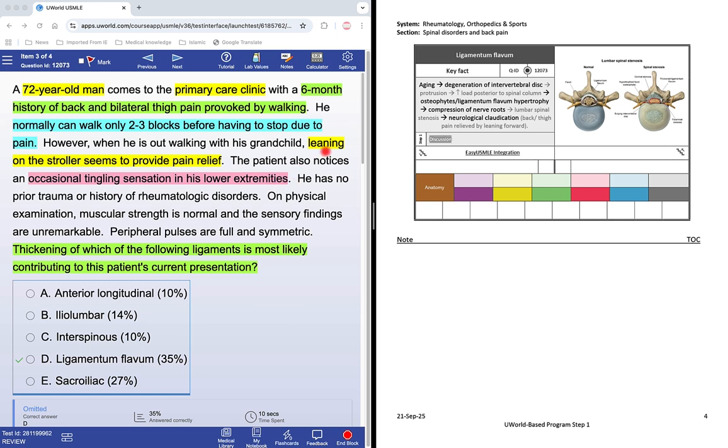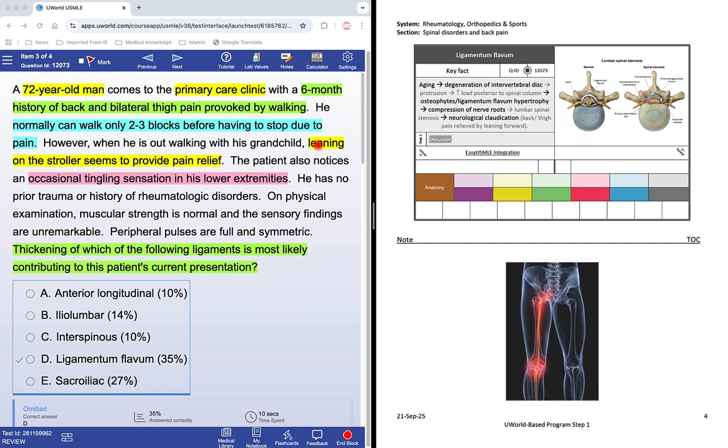I want to highlight an important thing in this scenario. When there is leg pain developing while the patient is walking, this is called claudication. And we need to differentiate between vascular claudication and neurological claudication. In this scenario, leaning on the stroller seems to provide pain relief, and this is a feature of neurological claudication, not vascular claudication.